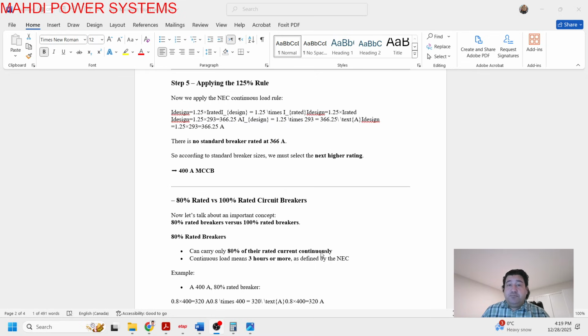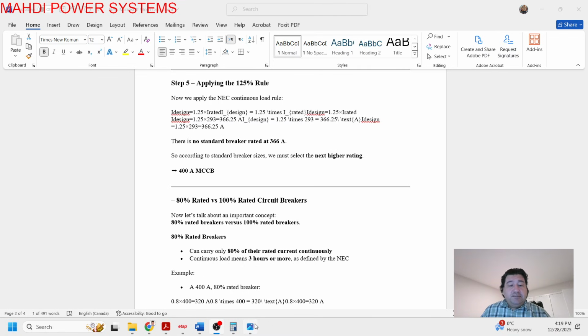For example, if the breaker is marked 80% rated, it can carry only 80% of the rated current continuously. Our breaker is 400 amp and 80% rated.